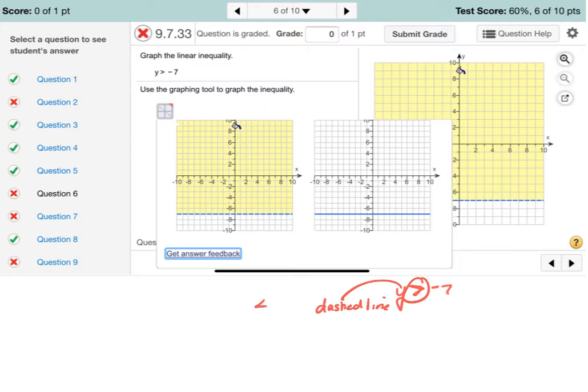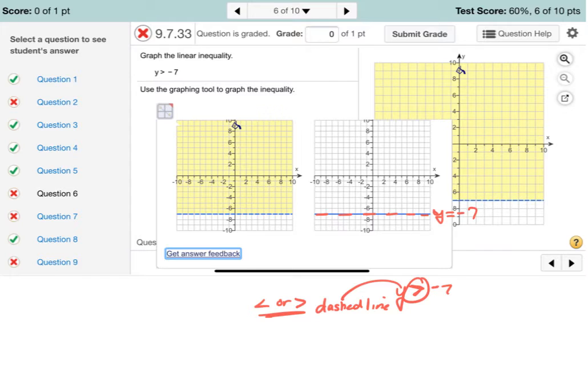Okay, so if we have less than or greater than, that implies a dashed line, so a strict inequality. Since y is greater than -7, we know that this line will be dashed, representing y basically equal to -7.